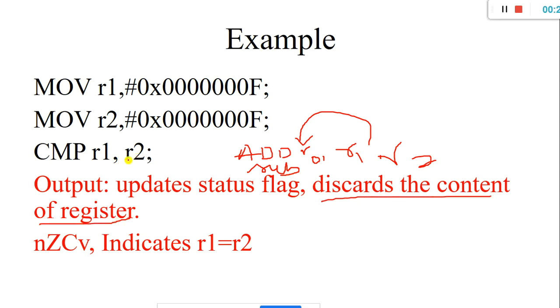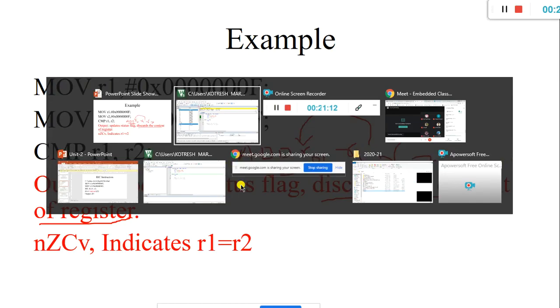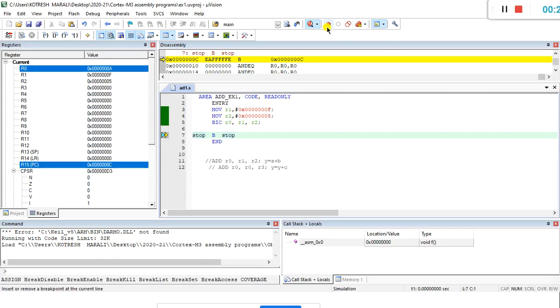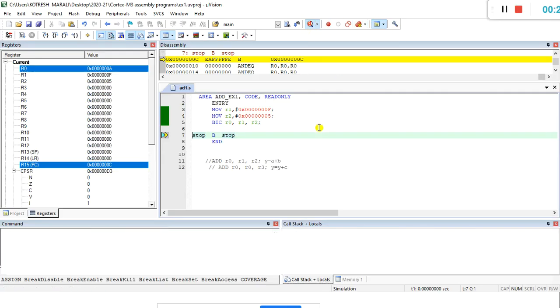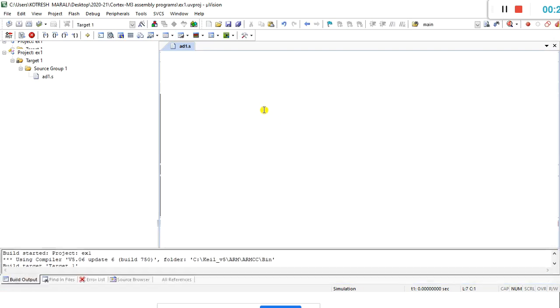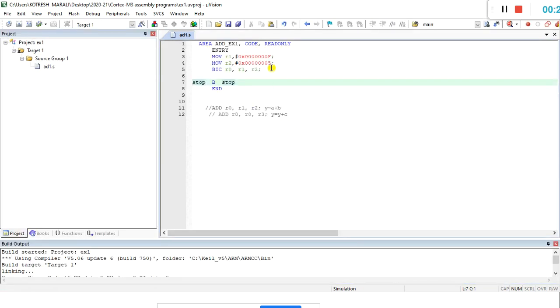We don't worry about the output we are going to get after the operation. Even after the operation, the R1 and R2 content remains the same, but only the output varies with respect to the status flag. We'll see this practically in Keil, and we'll try to understand it in a much clearer way.